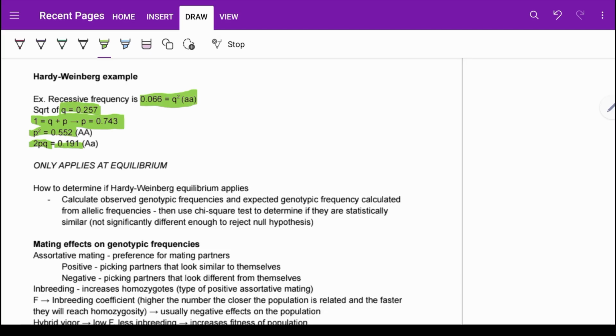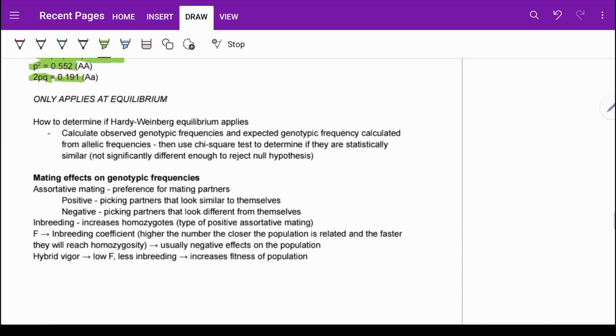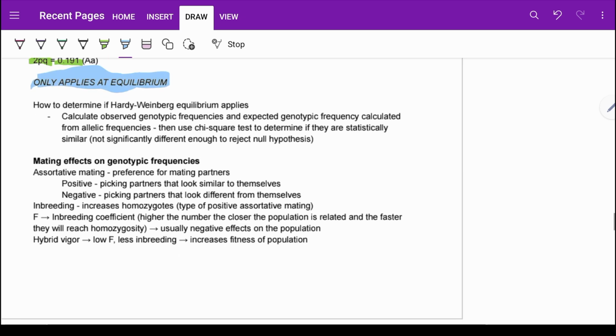This is how we can calculate genotypic frequencies using these Hardy-Weinberg equations. And a second reminder, this only applies at equilibrium.